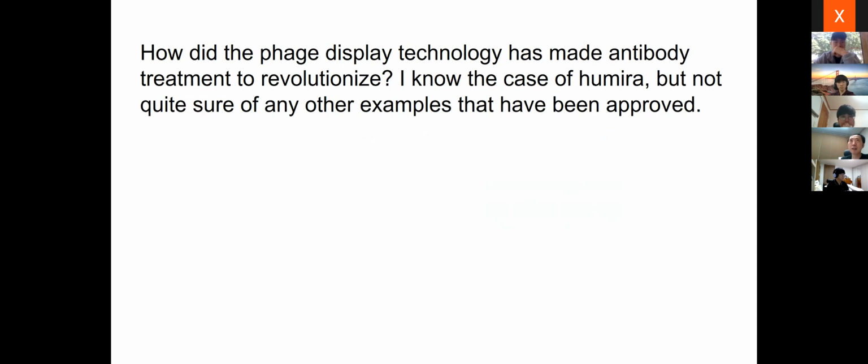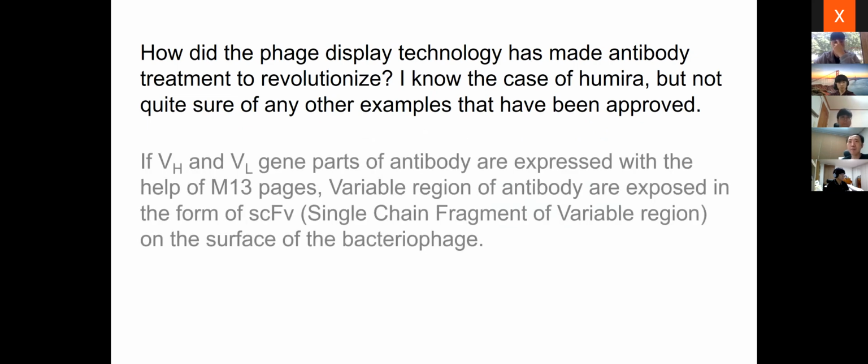Now phage display. In the phage display case, there's a good answer given by Sejin Sanbae. And here the term was used: single chain fragment of a variable region. Okay. So this week I didn't give you any assignment. For next week's assignment, if you like, this can be one good topic. Utilizing scFv and phage display can be a good topic you can choose and present.